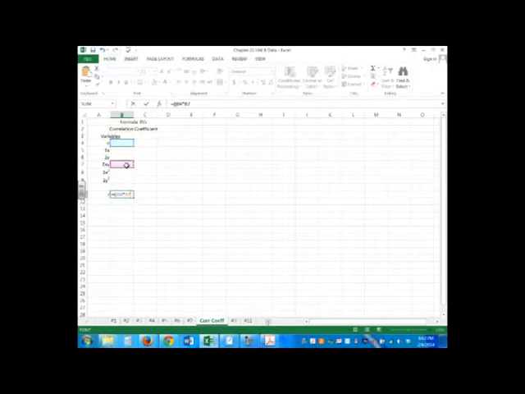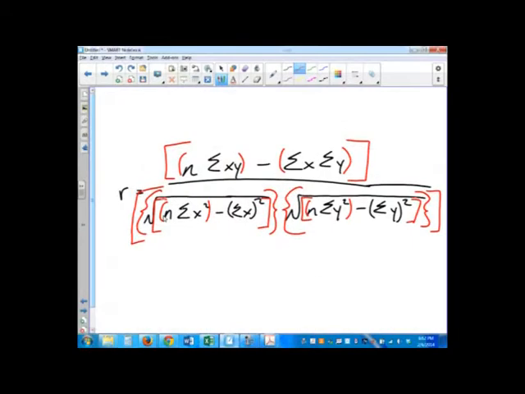See the summation of xy there? Close parentheses, minus parenthesis, summation of x times the summation of y. Close parenthesis, close parenthesis. You see how it highlighted that? We've got the color codes black to black. Now what do we do? We divide.